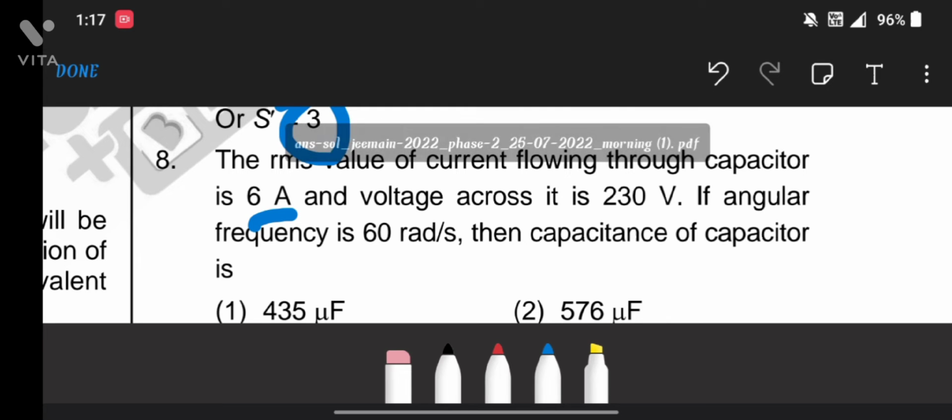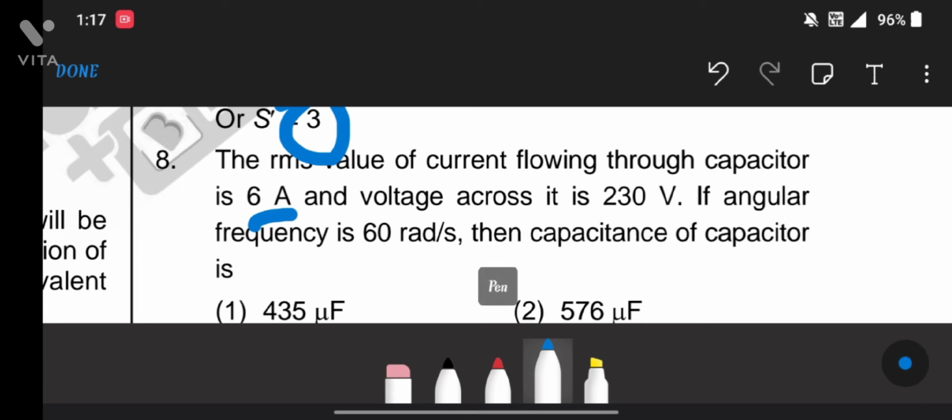The options given are 435 microfarads, 576 microfarads, 176 microfarads, or 783 microfarads. So let us solve the question.